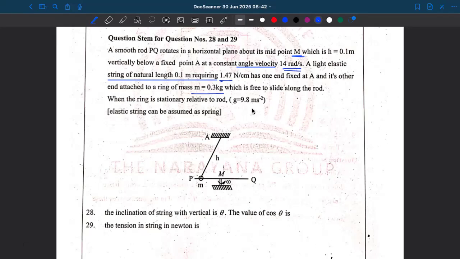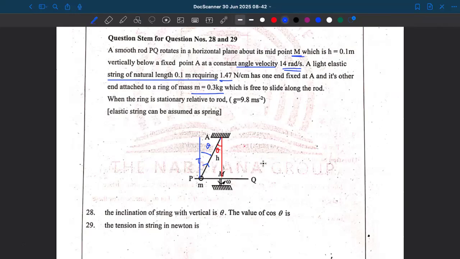Now, for example, assume that you have a tension T here at that instant, and let this one make an angle theta. So obviously this angle is also theta.